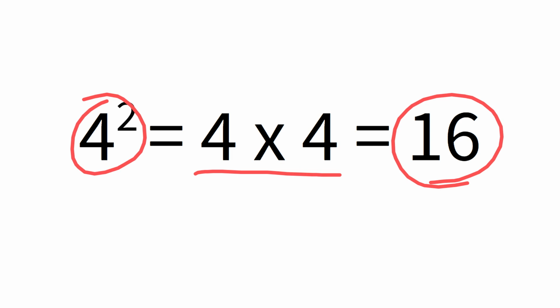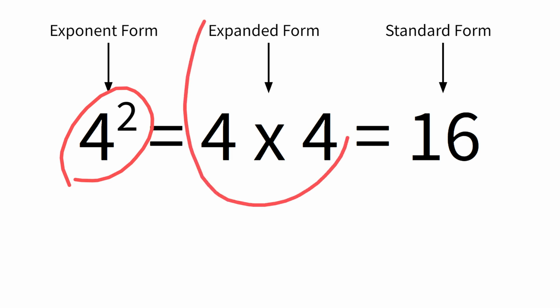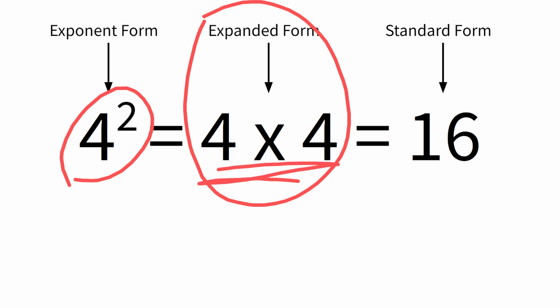All right, let's take a look at this, because what it's called is also important, right? So here in the first part, we see it in exponent form, or sometimes it's called exponential form. Here we see it in expanded form, where I'm literally writing out however many times it's telling me to multiply it. This right here is like what I would put in my calculator.